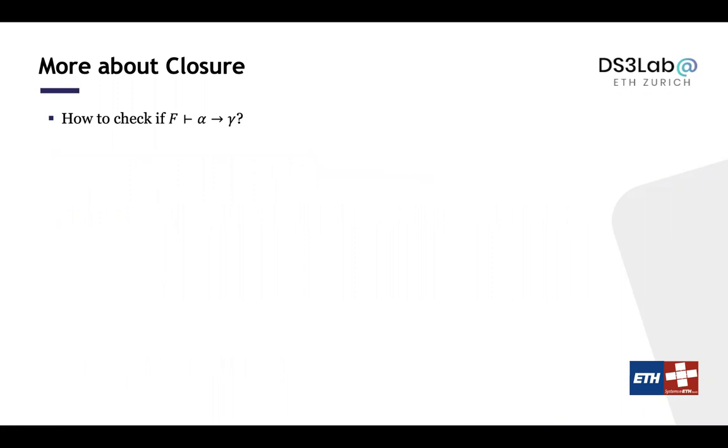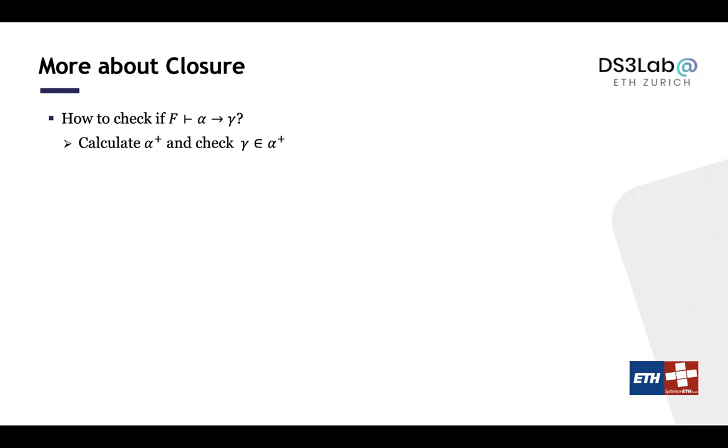So once you have such an algorithm, there are a lot of things you can do. First one is if I give you a set of functional dependencies F, and I want to ask you, okay, can F derive alpha to gamma? Then what should you do? Now we have a systematic way to do it. You first calculate the closure of alpha with respect to F using that very simple algorithm, and you check whether gamma belongs to the closure or not.